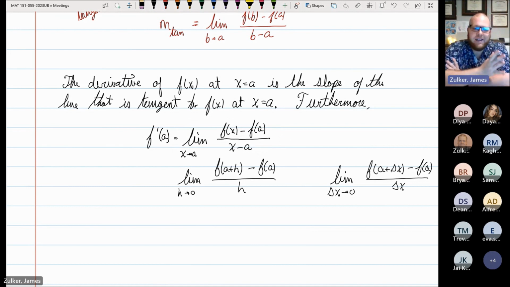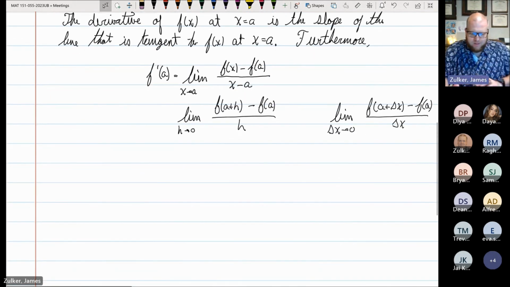Now, if we're asked to find a tangent line, right? There are two common forms of a line.